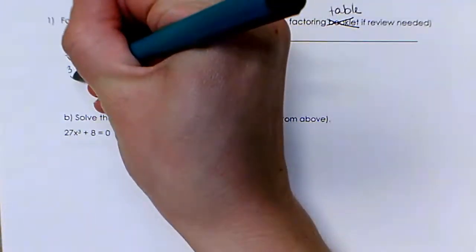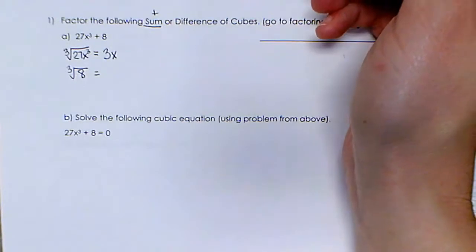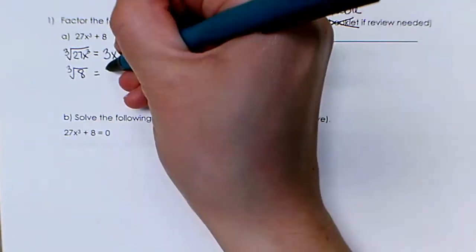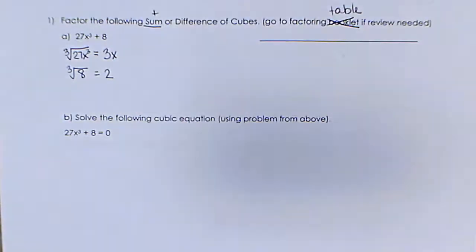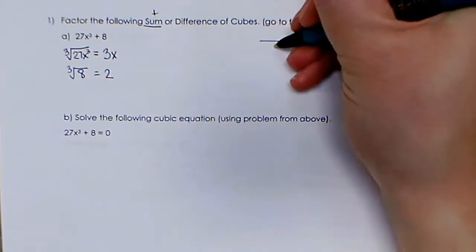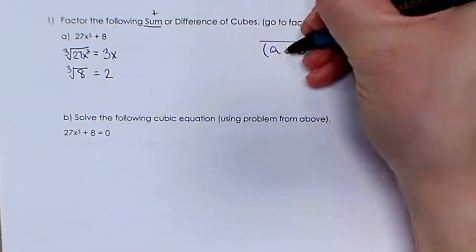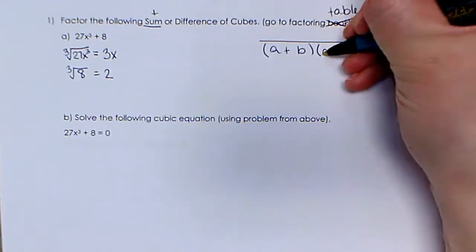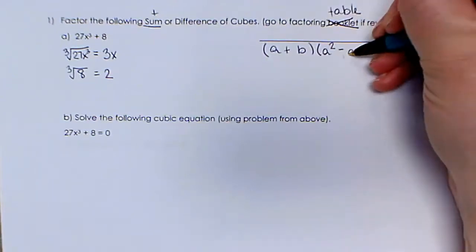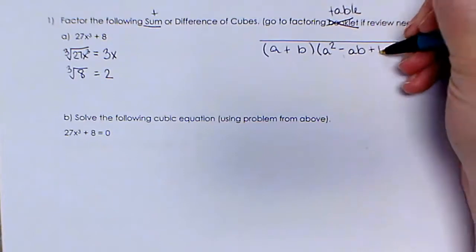What about the cube root of 8? What times itself 3 times will give you 8? The answer is 2. So when you put together your sum of cubes, you want to put together a plus b, and then a times a times b, b times b.